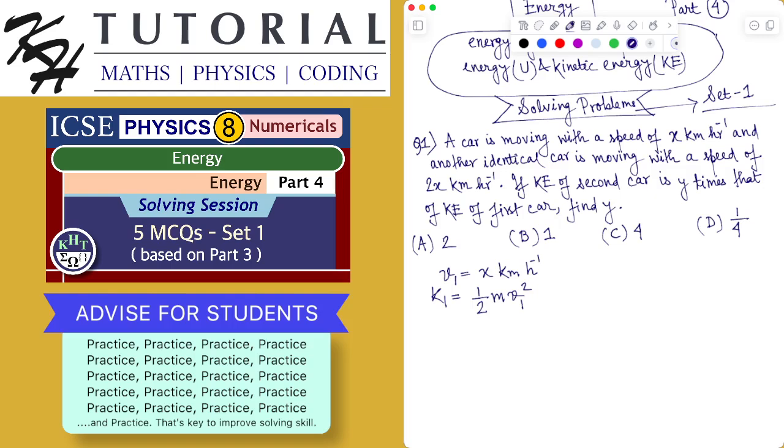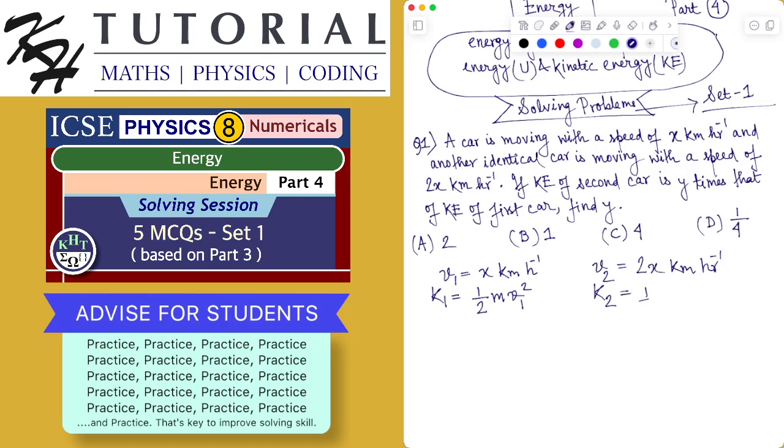On the other hand, let's say v2 be the velocity of the second car, which is given as 2x kilometer per hour. Let's denote the kinetic energy of the second car by K2.